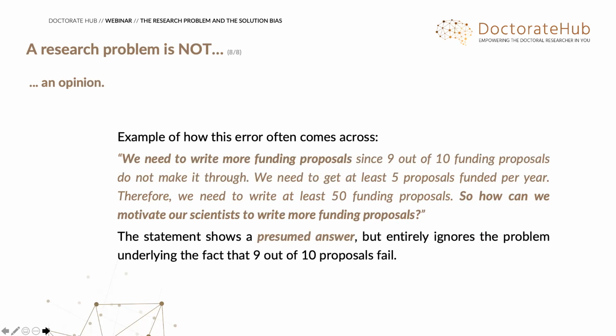This statement shows the presumed answer, but it entirely ignores the problem which underlies the fact that 9 out of 10 proposals fail. So again, the statement looks at the solution end, like we need to do something, rather than trying to understand what is happening here. Why are 9 out of 10 proposals failing?